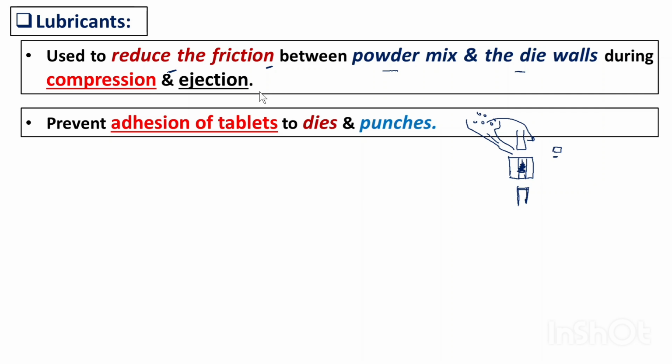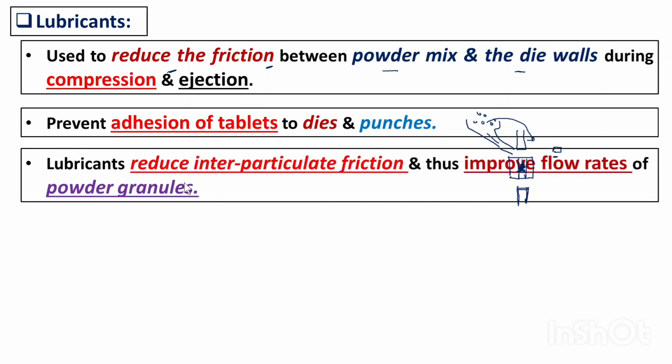So to prevent that problem, we need to use the lubricants, and also the lubricants will reduce the interparticular friction and thus improve the flow rates. Interparticular friction means the friction generated between the powder particles during flow, right? In tablet manufacturing, the granules should flow from the hopper to the die cavity. In the meanwhile, it will generate interparticular friction, which will reduce the granule size or generate powder after granulation also.